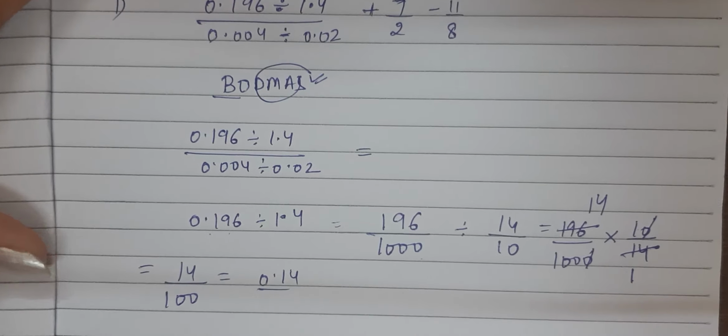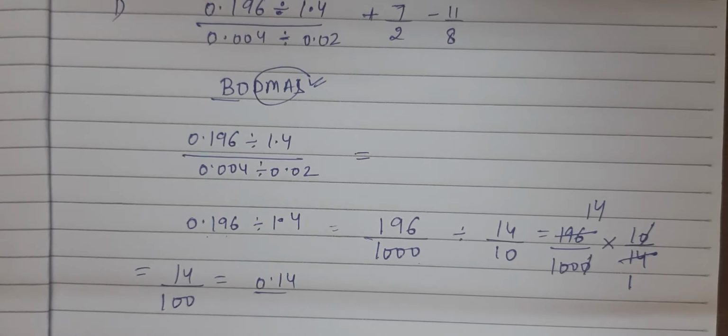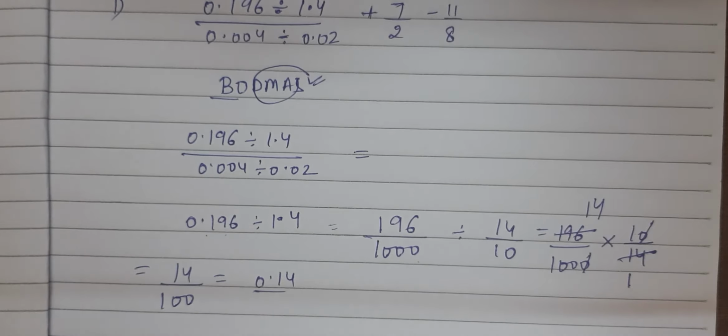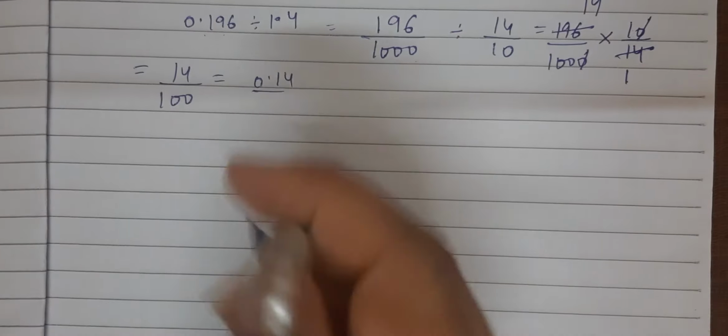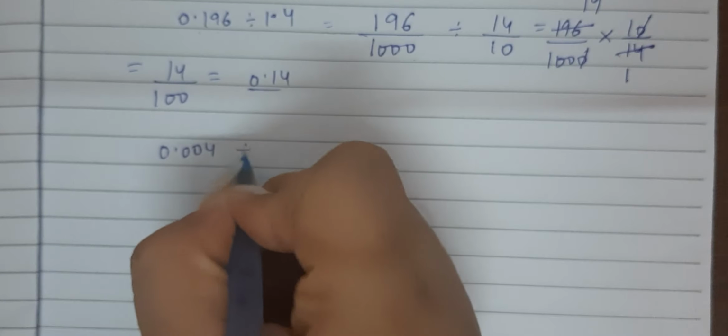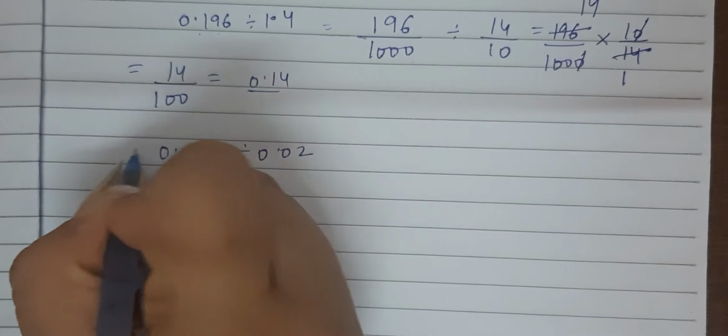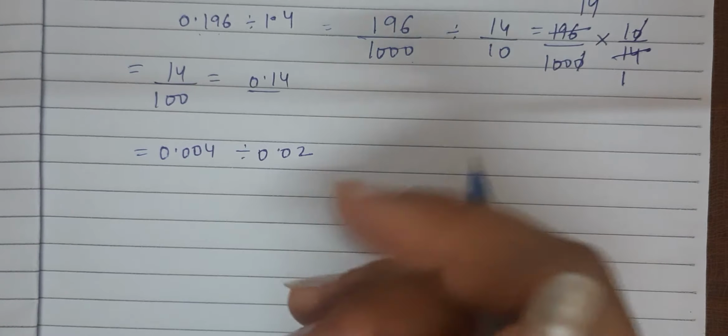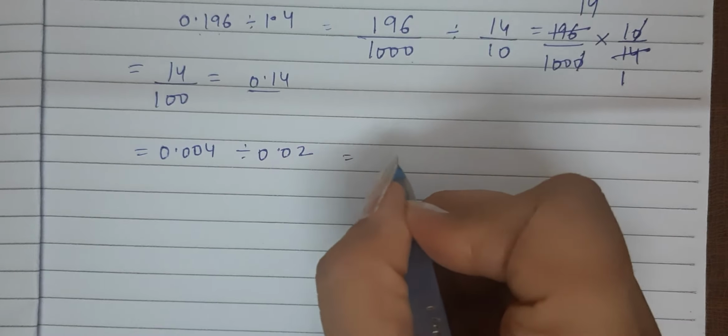Let me solve the denominator also, that is 0.004 divided by 0.02. I am dividing it differently so that it is clear to you all.